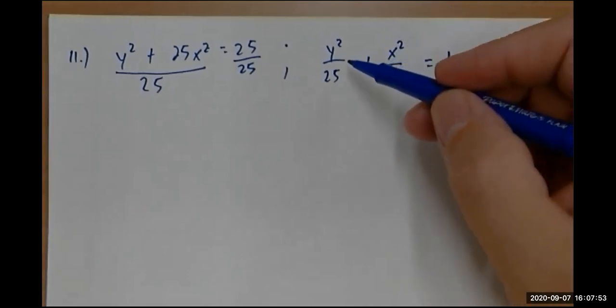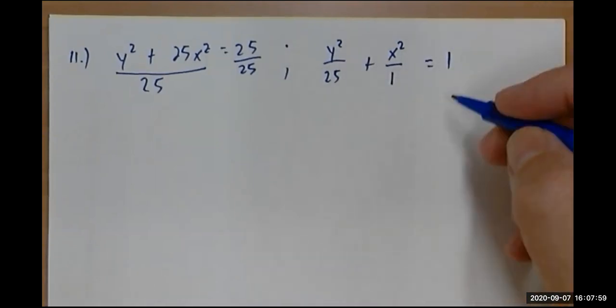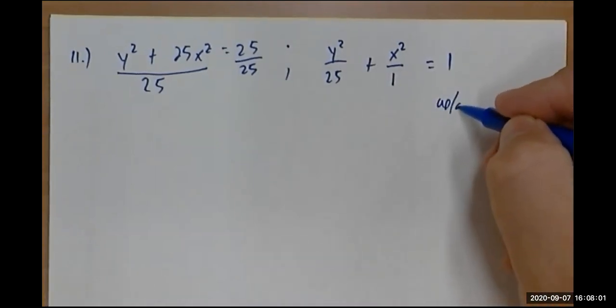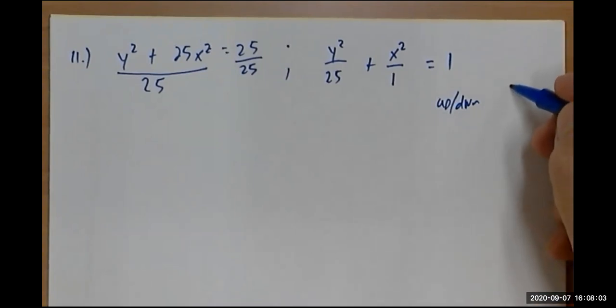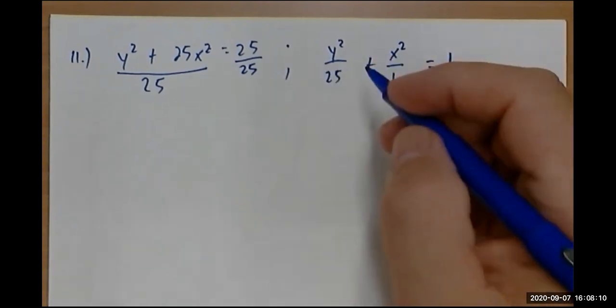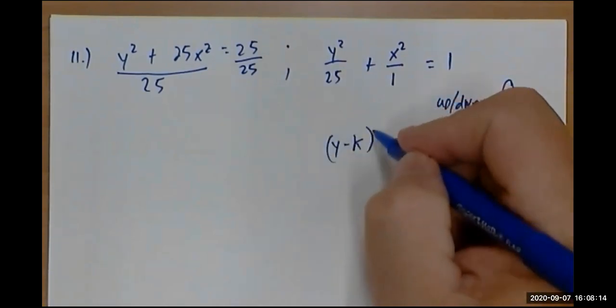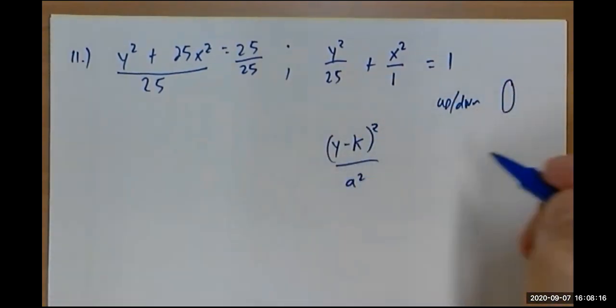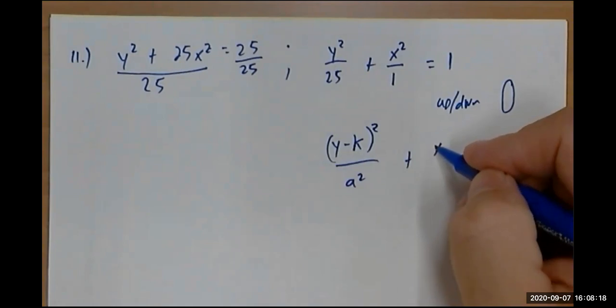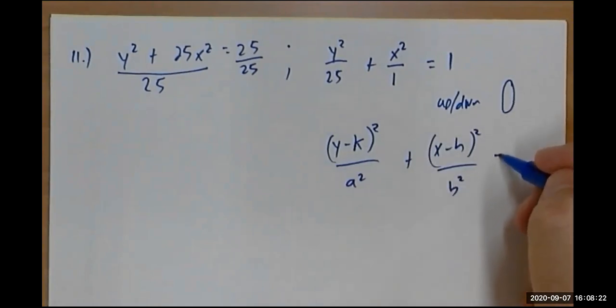And now I know what kind of ellipse I have. My larger denominator is underneath the y. So this is going to be an up or down ellipse when I'm all done. And if I write the standard equation, y minus k squared over a squared plus x minus h squared over b squared equals 1.